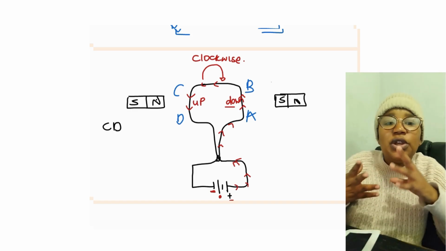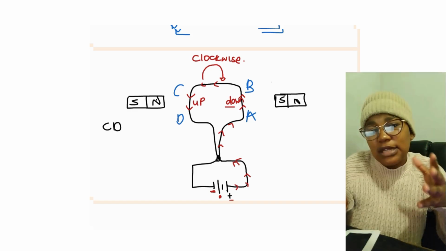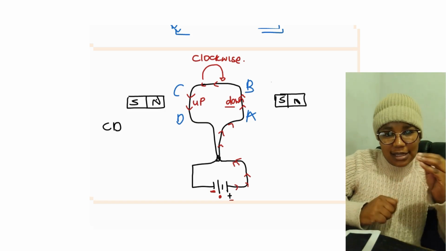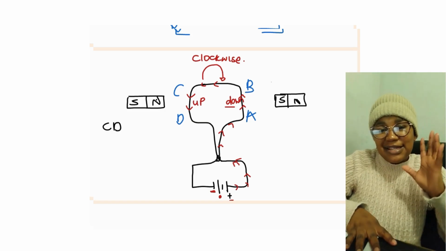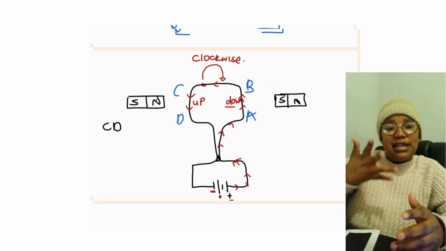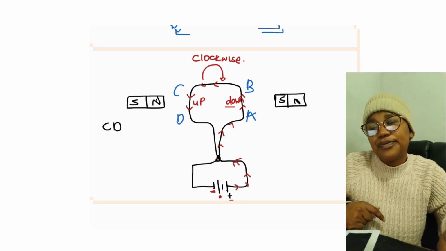It is that simple. Just make sure you use the right hand. Generator, right hand. Okay, just make sure you use the correct hand. Generator, use the right hand, and then motor, use the left hand.